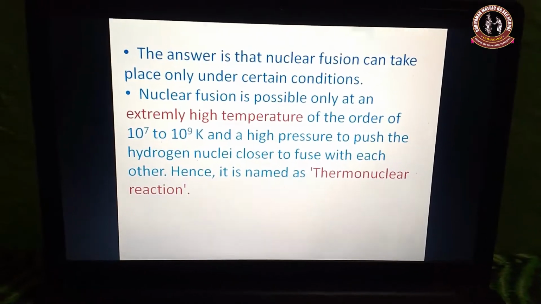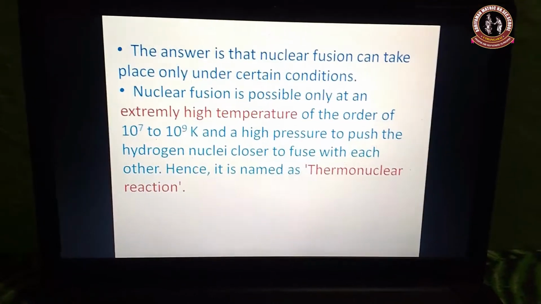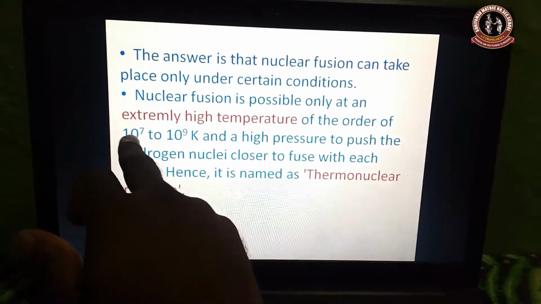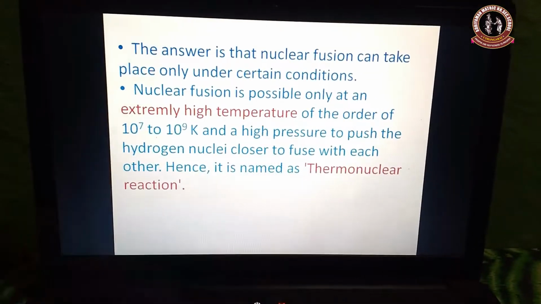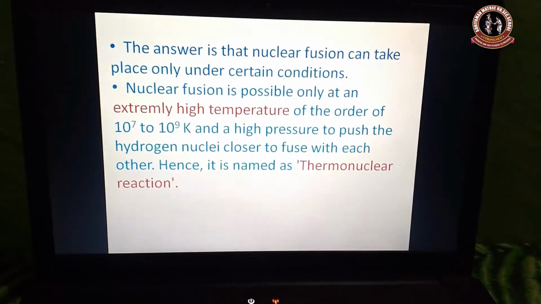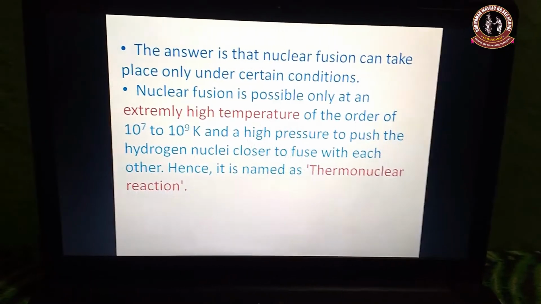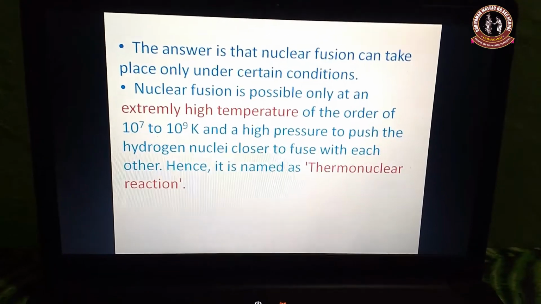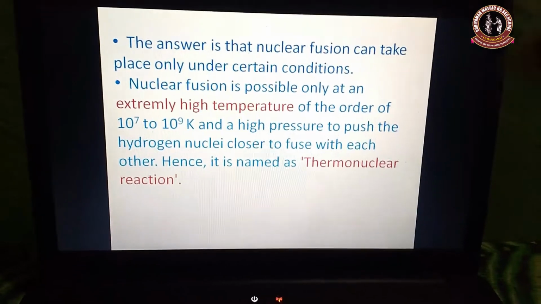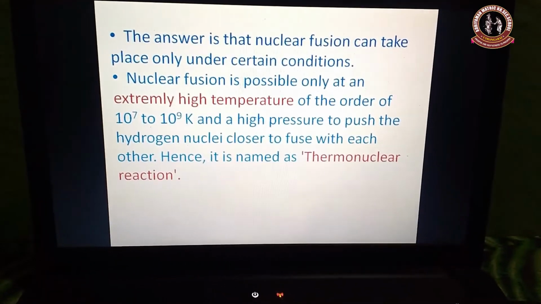We know that during nuclear fission reactions, heat energy is produced, around 10^7 Kelvin. So for a nuclear fusion reaction to happen, a nuclear fission reaction must happen first; only then can we carry out the nuclear fusion reaction.